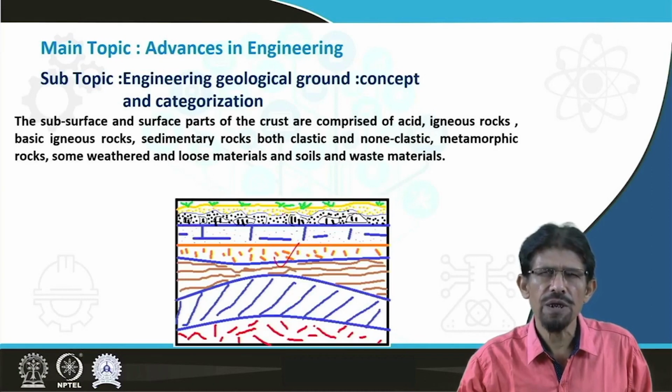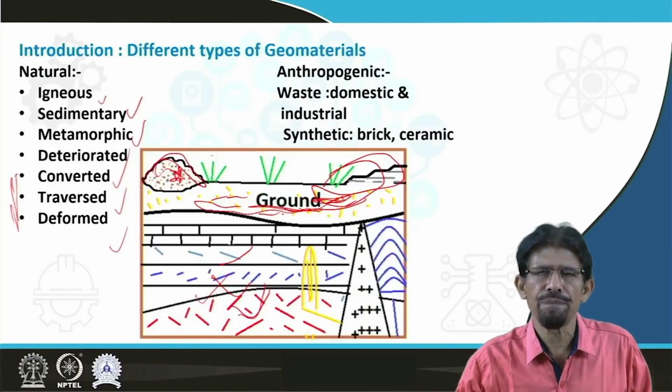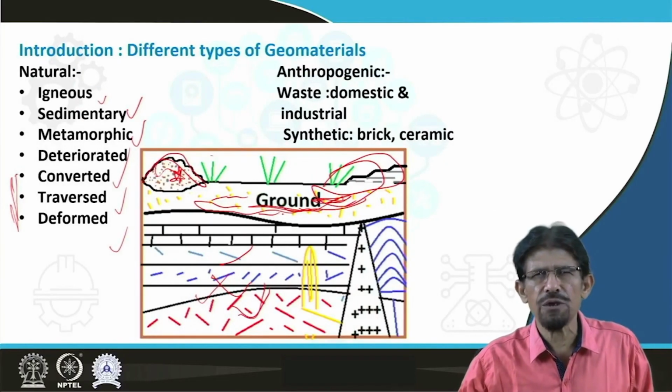Besides these, we have derived material such as weathered material, fragmented material as deteriorated material, and waste generated by industrial and domestic activities of humans. Therefore, we have varieties of natural as well as anthropogenic material.